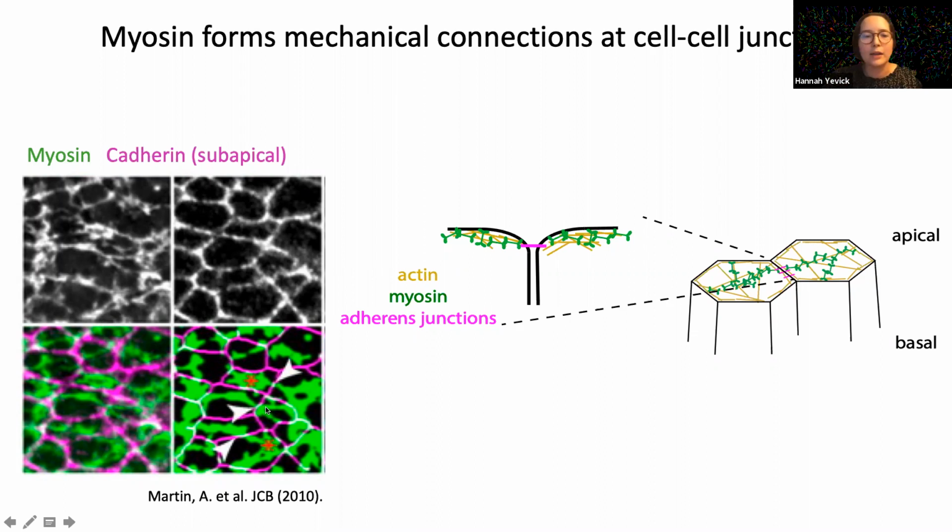So myosin can't actually pass into the neighboring cell. It's the same idea as the previous project I described with those actin rings. The actin is still sequestered in each cell separately, but it forms direct linkages through junctions. Okay, thanks.